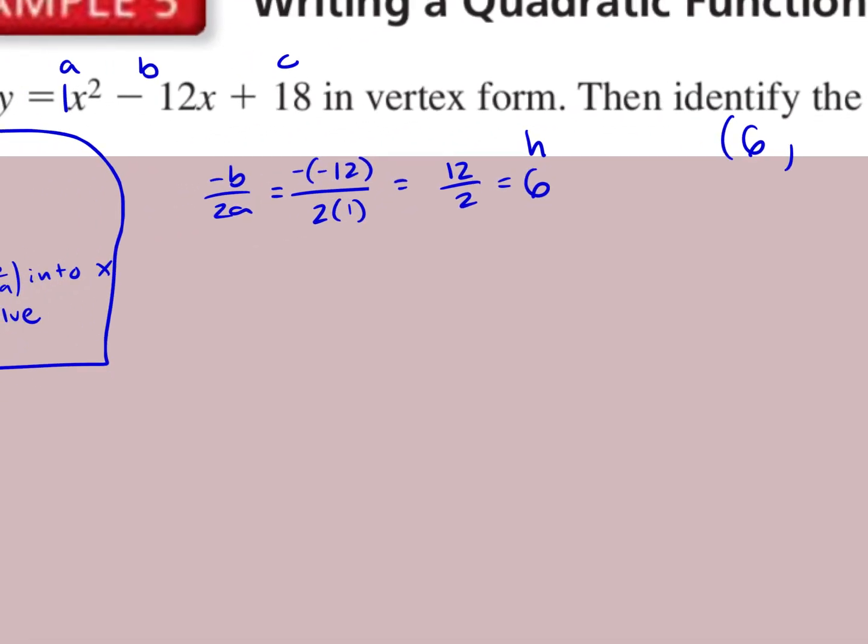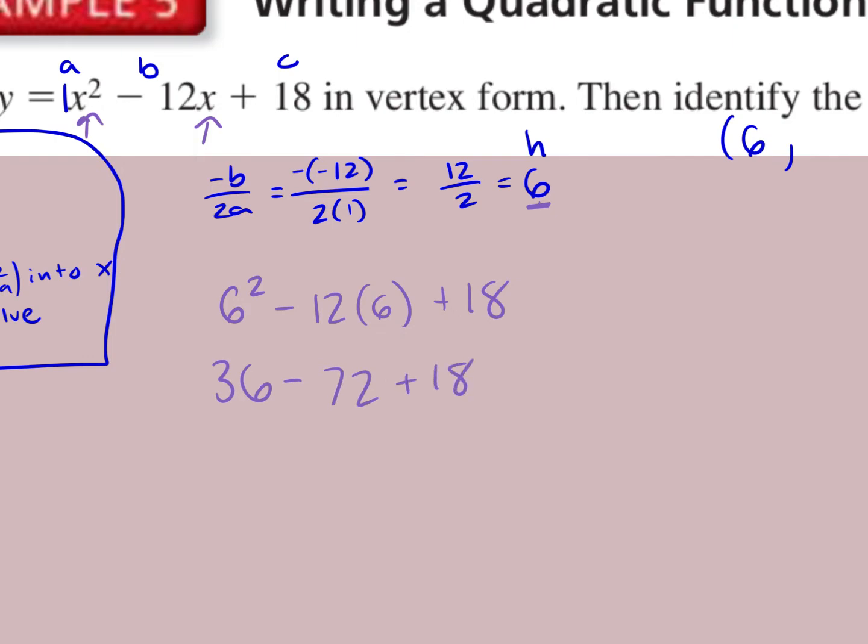Now to find the y, we take 6 and plug it into all the x's in my equation and solve for y. So this would be 6 squared minus 12 times 6 plus 18. So 36 minus, what's 12 times 6? 72 plus 18.